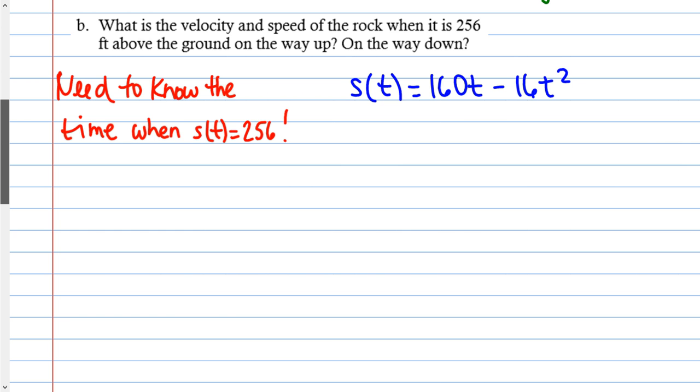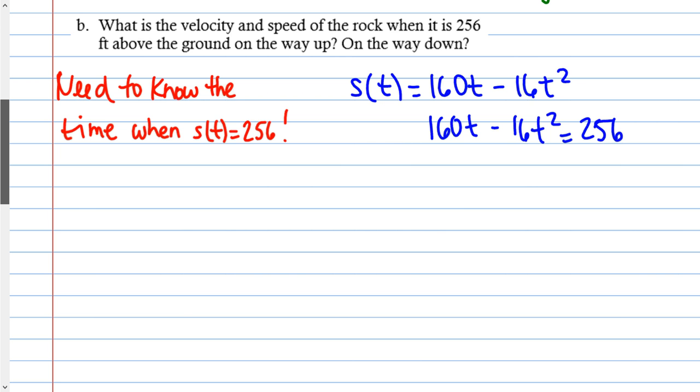Now, obviously, this is a parabola, so there should be two times where my position is located at 256 feet, right? Once on the way up, and once on the way down. So I'm going to take this function, and set it equal to 256 feet. So 160t minus 16t squared equals 256.